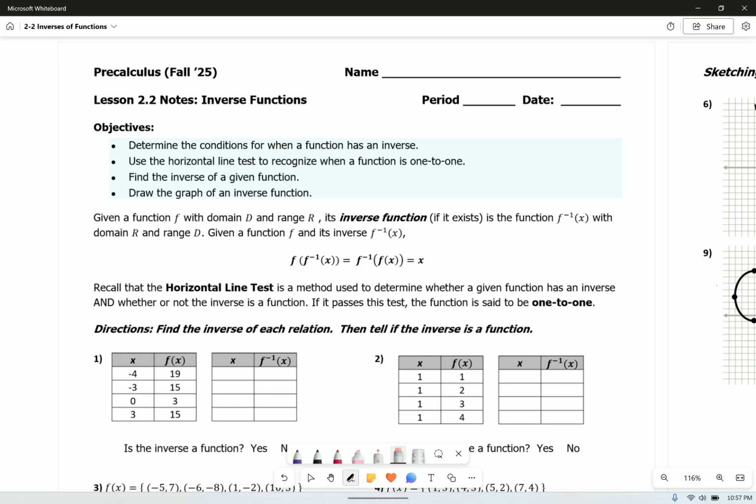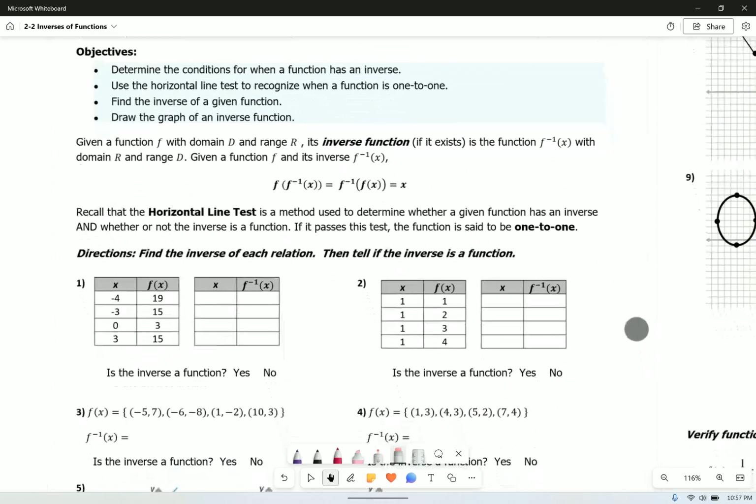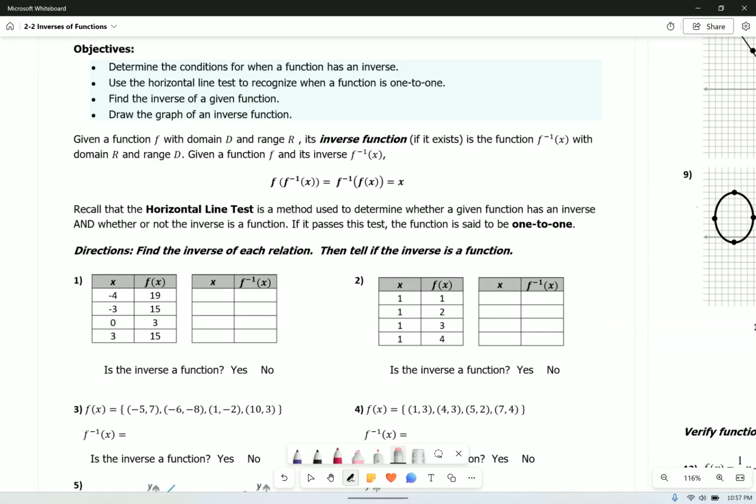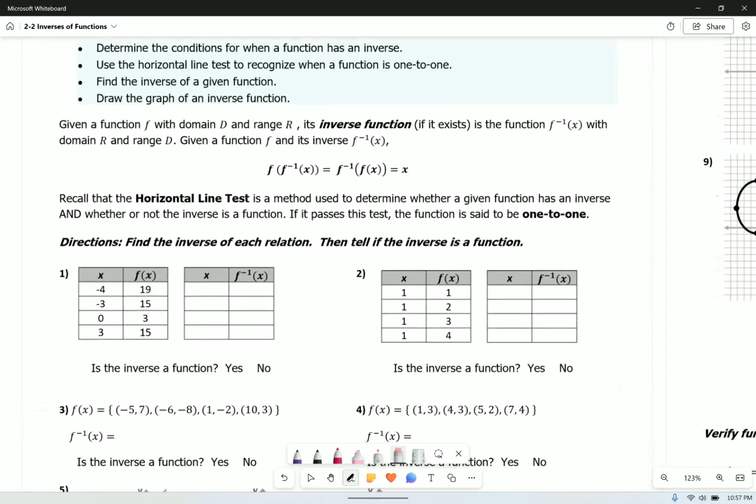But let's jump in first and look at these tables that are displayed here in example 1 and example 2. Looking at example 1, they're giving us 4 points that are sitting on the f of x function. Now we don't know what that f of x function looks like, but these are the coordinates.